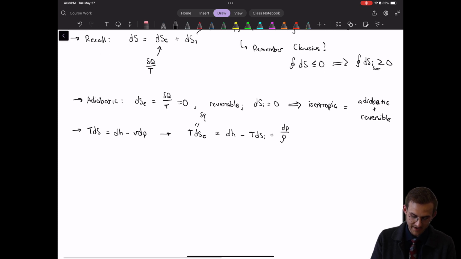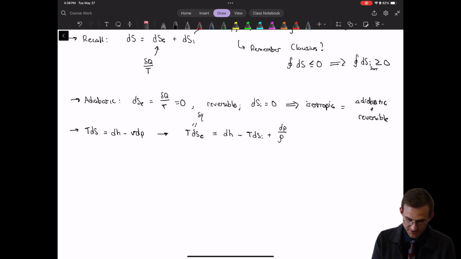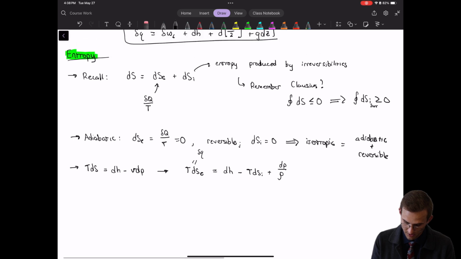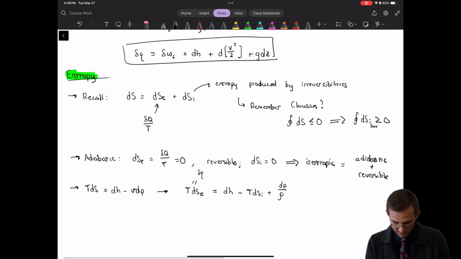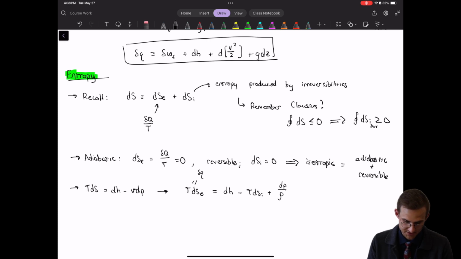Okay, so let's combine that with the differential energy equation for 1D steady flow that we found before. So this box at the top of the screen, let's substitute in this delta Q that we just found, right? And what we end up with is the following.